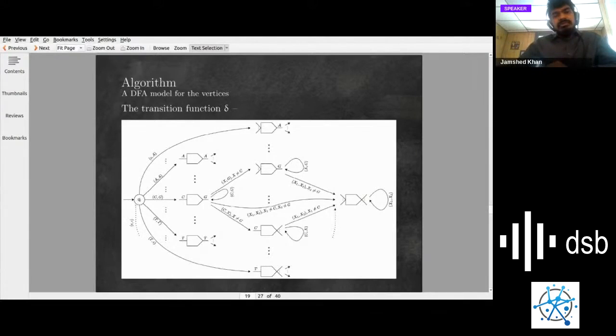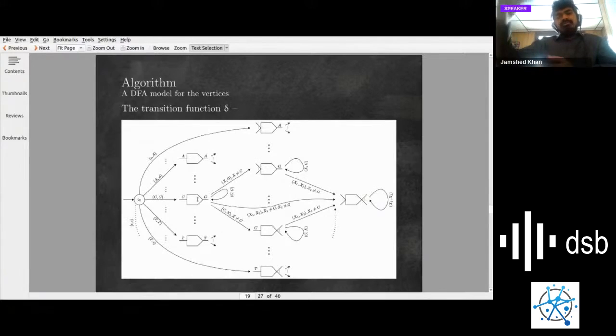So each automaton, that is each vertex, starts from this unvisited state Q0. Say that for this vertex, the first time we see this vertex in our walk, we see that the front edge is encoded with a C and the back edge is encoded with a G. In that case, the automaton of this vertex is transitioned from the state Q0 to this state, which belongs to the single in, single out class.